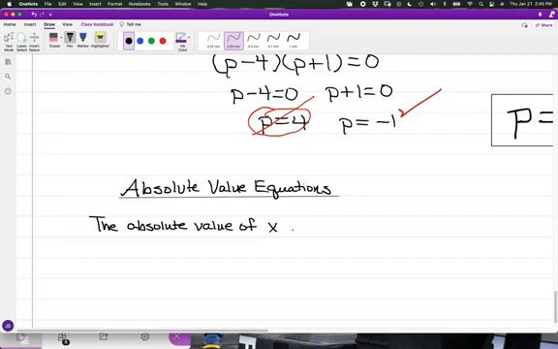Just symbolically, the absolute value of x we have denoted by vertical bars surrounding the letter x.